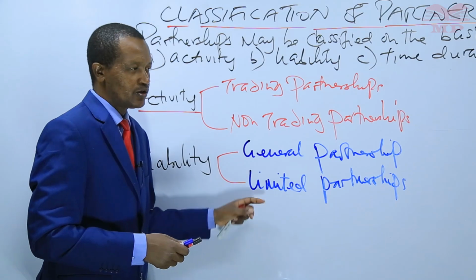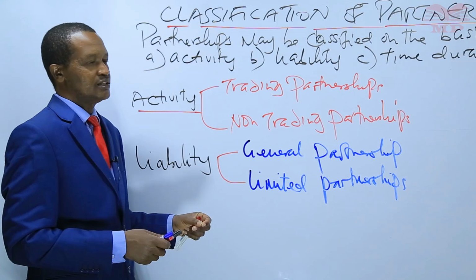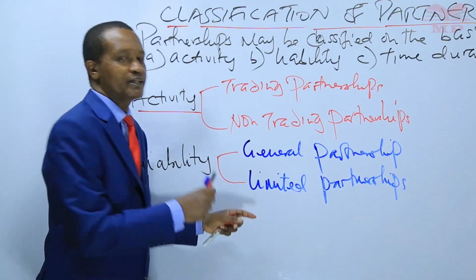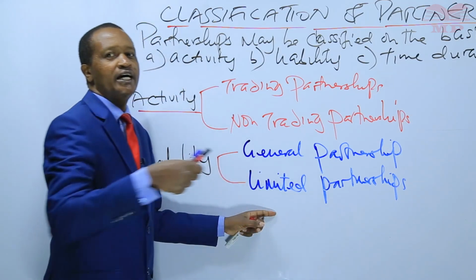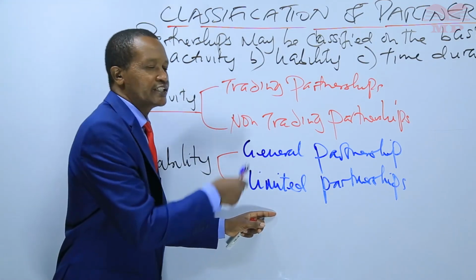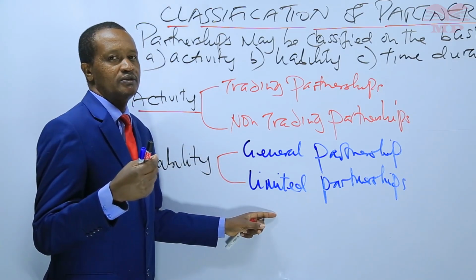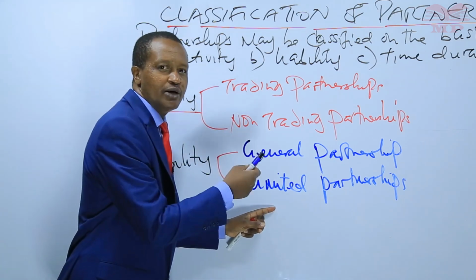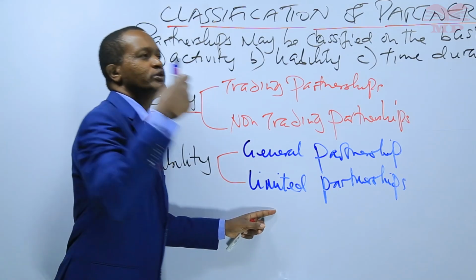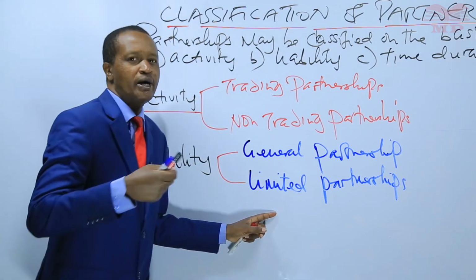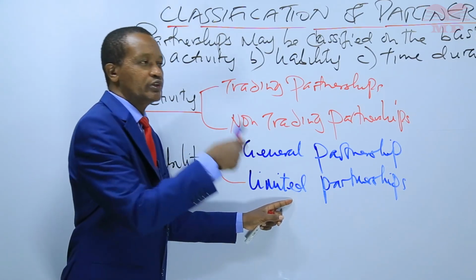The activities of certain partners are limited. That means the personal liabilities of such partners, referred to as limited partners, are in turn limited to certain stated amounts. And these amounts are normally equivalent to the contributions by each of these limited partners to the business.